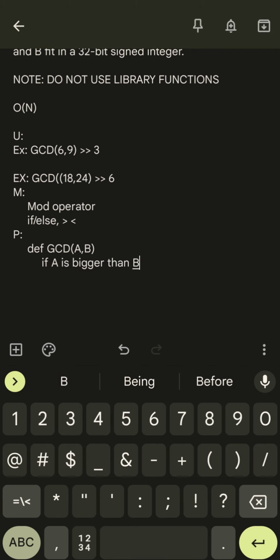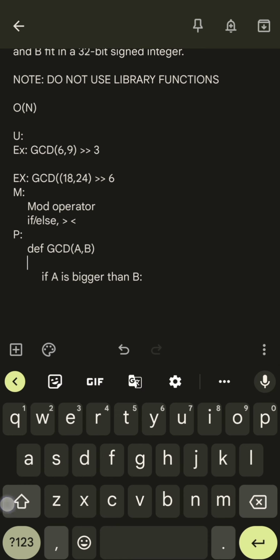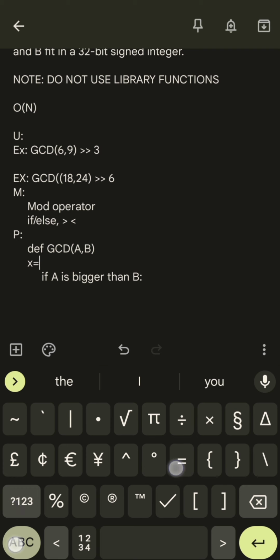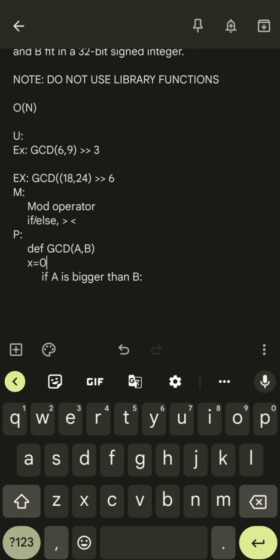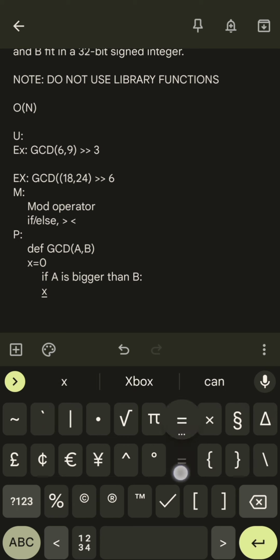X is basically going to be what is being divided by. We're checking that. So we're just going to define it. It's going to be just a 0 for now, but it's going to be declared based on which is the biggest number. So again, if A is bigger than B, in that case, X is equal to A. Else, then it's just going to be X equals B. So that's kind of the whole plan of it.